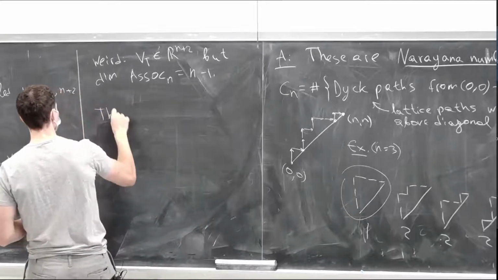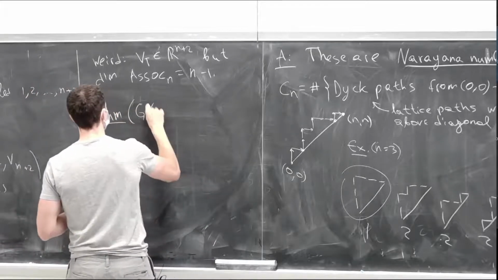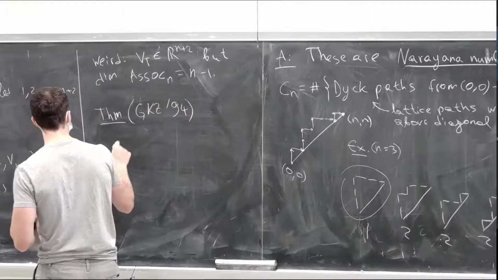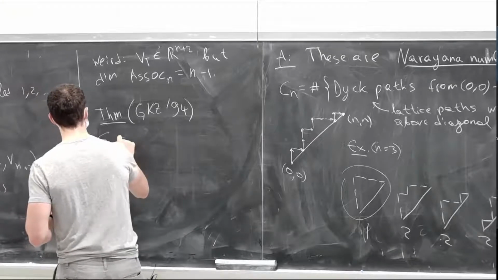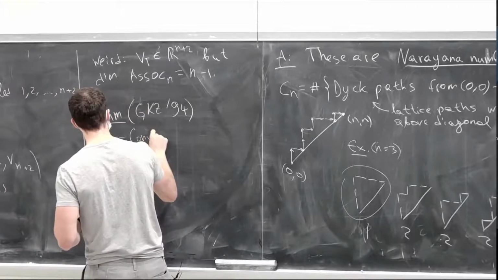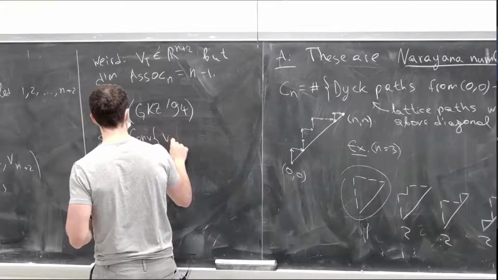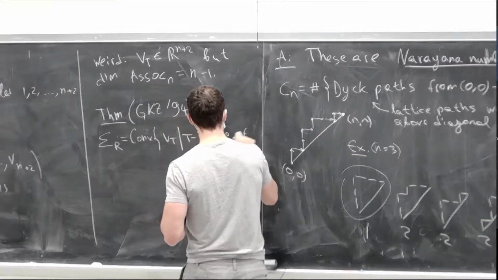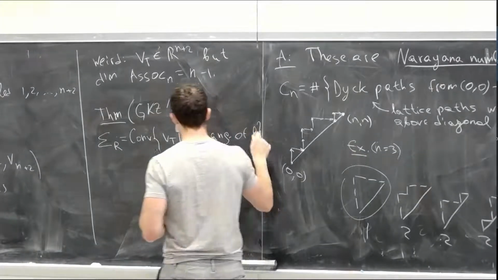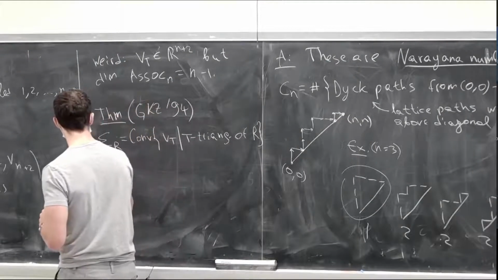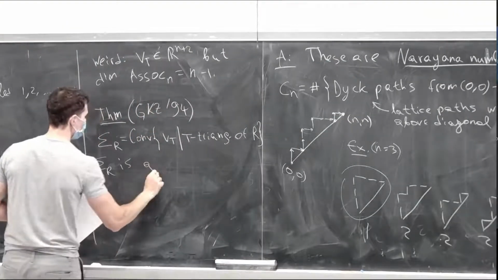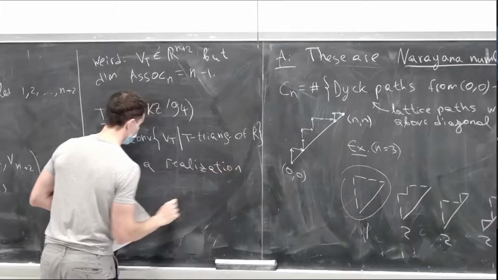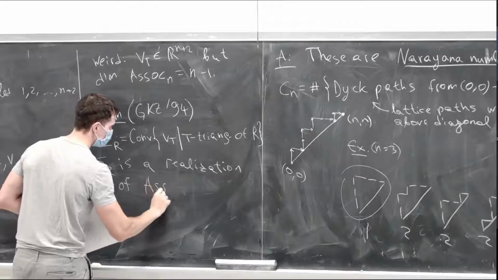So the theorem, due to GKZ '94, is that if you define sigma sub R to be the convex hull of all these vectors V sub T, where T is a triangulation of R, then sigma sub R is a realization of the associahedron.